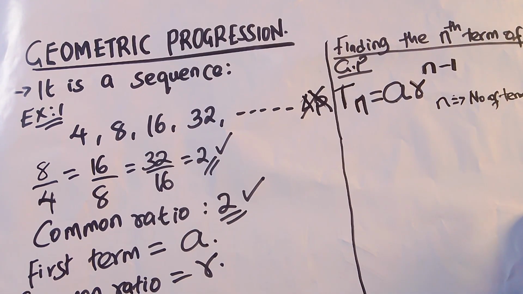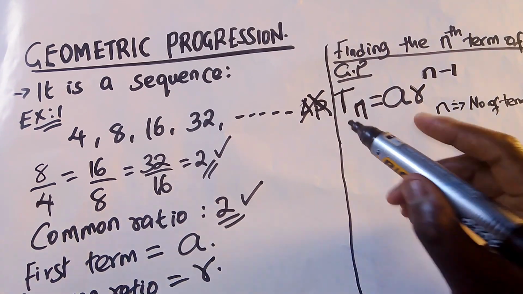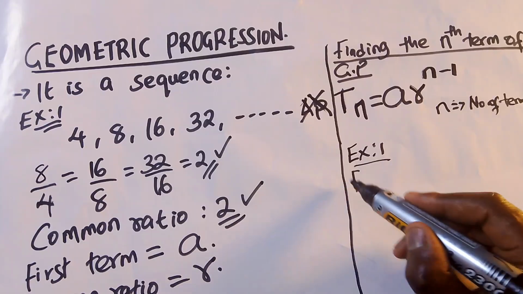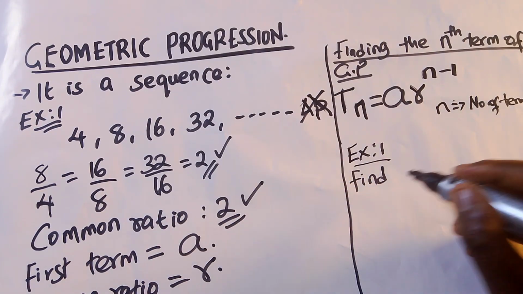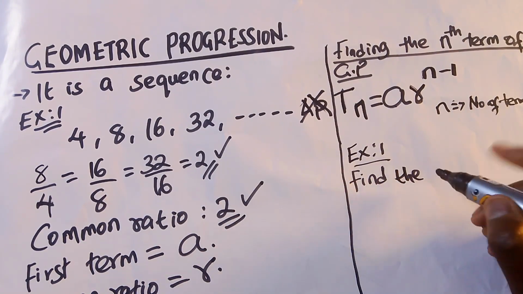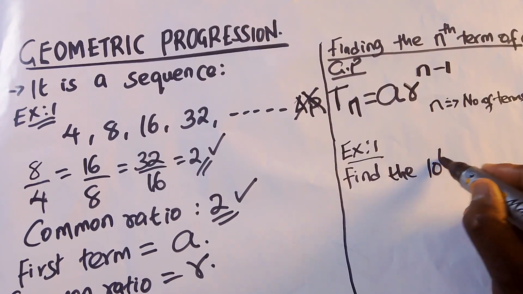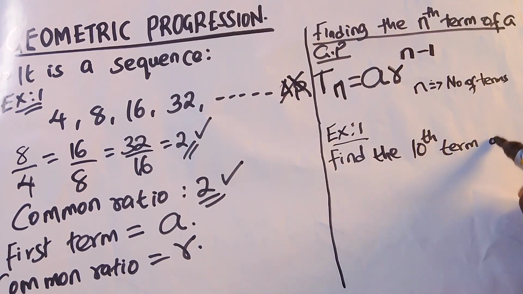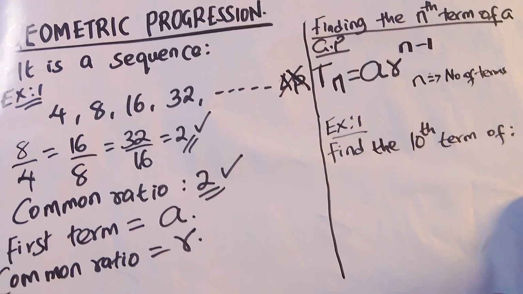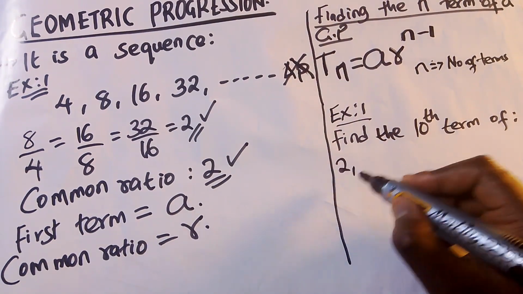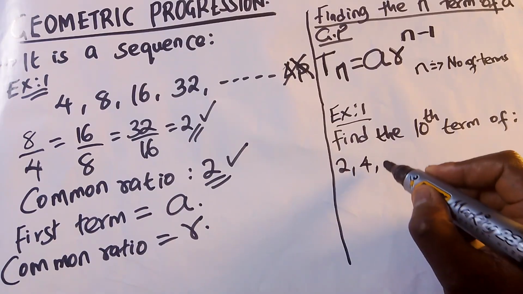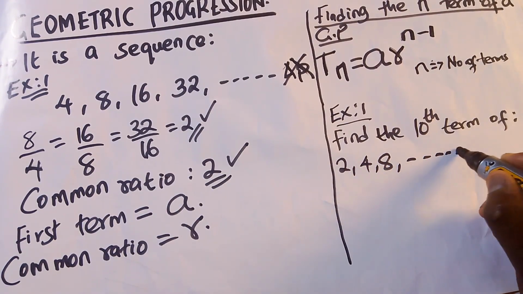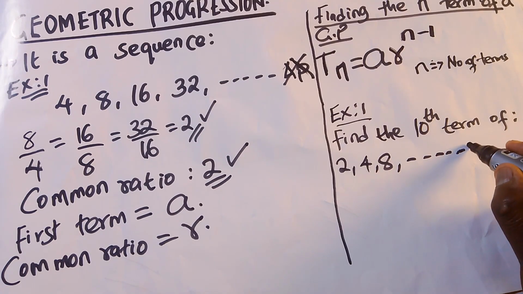So that means if we have an example 1: find the 10th term of 2, 4, 8, and so on.